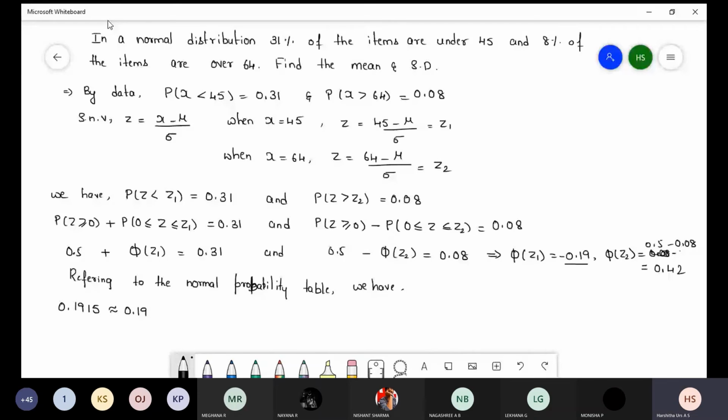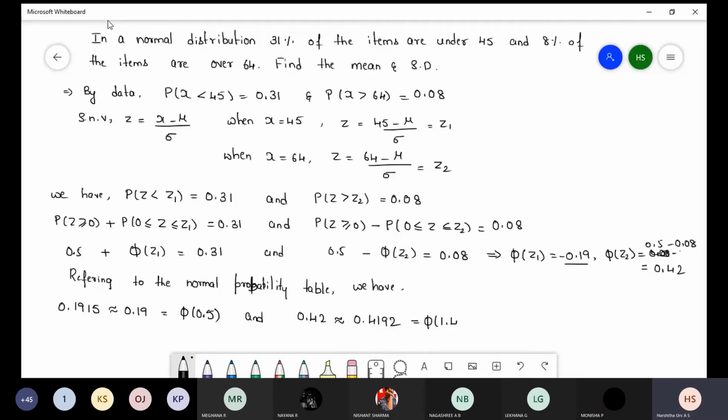Next, for the 0.42 approximation value, we can write 1.4. If you see the table, there we have 0.4192. So approximately we can write 0.42, that is equal to phi of 1.4.